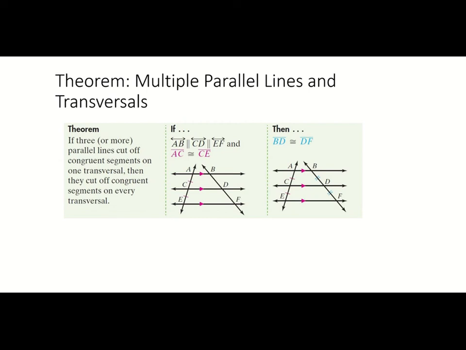So here, because I have 3 parallel lines, and I know that this transversal right here has congruent segments between those parallel lines, that means that this transversal will also have congruent segments. It doesn't mean that BD and DF are the same measure as AC and EC, just means that BD and DF will be congruent to each other.